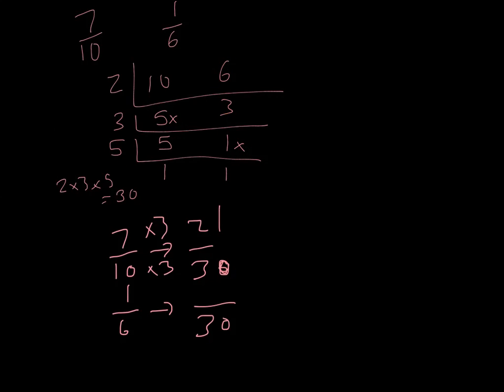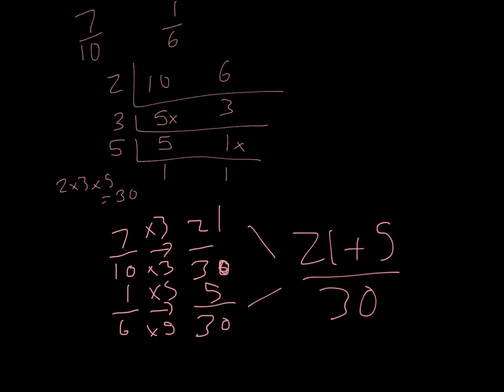I move over. Times 5. That's going to give me a 5. 21 plus 5 over 30. 26 over 30. So that's how you could use either tool to solve a question like that. More important than anything in the world, though, what is the first step? Find the common denominator. Excellent.